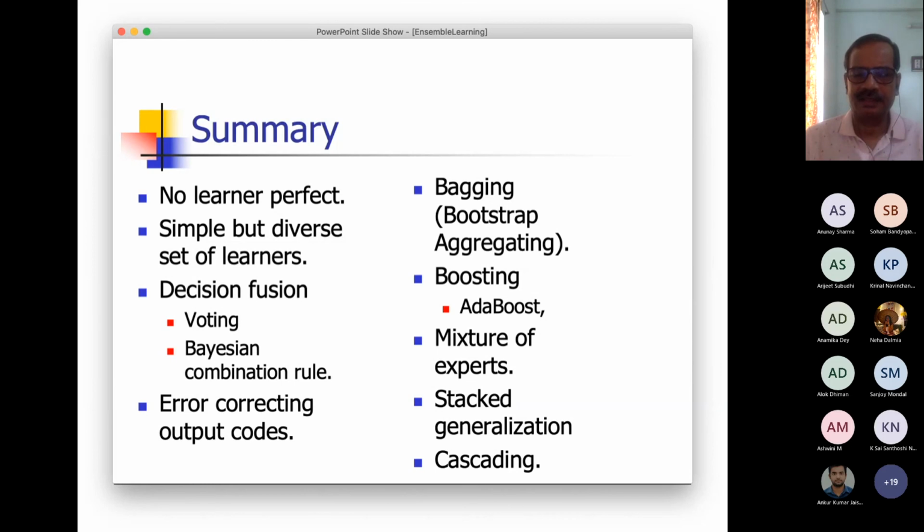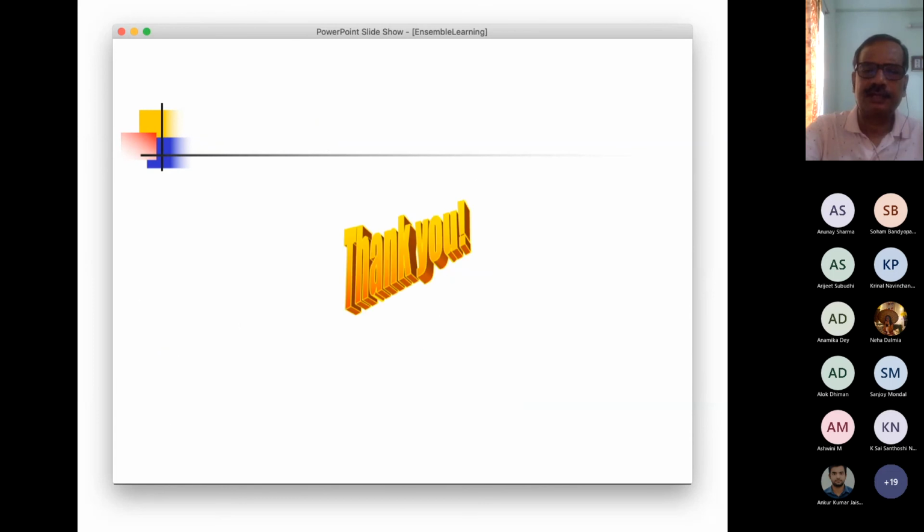Mixture of experts we have considered, and stacked generalization and cascading, which basically follow those concepts. So with this, I think we come to the end of this particular topic. If you have any questions, let me know.